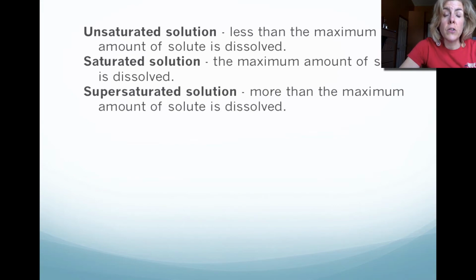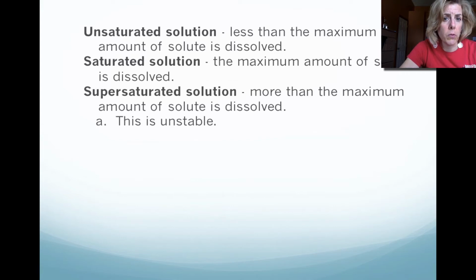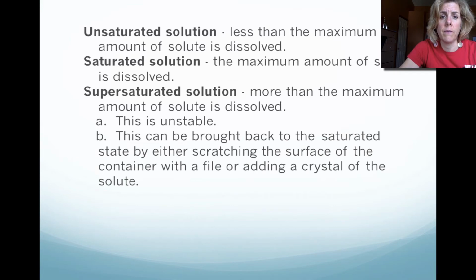And then lastly, supersaturated. In class, I'm going to show you an example of a supersaturated solution. This is more than the maximum amount of solute dissolved. Supersaturated solutions are unstable. You're cramming in as much solute as possible with the solvent. As a result, you may get a suspension as opposed to a solution.